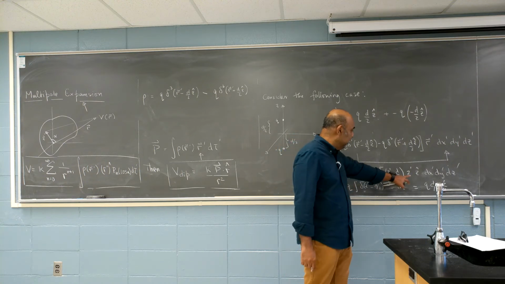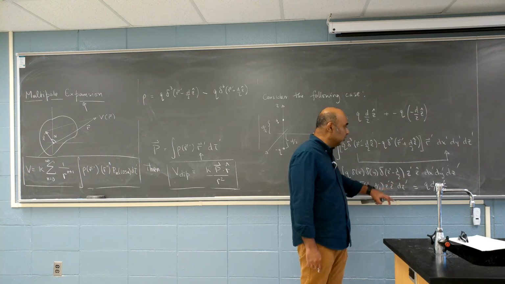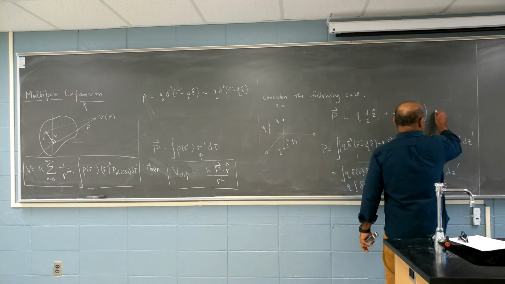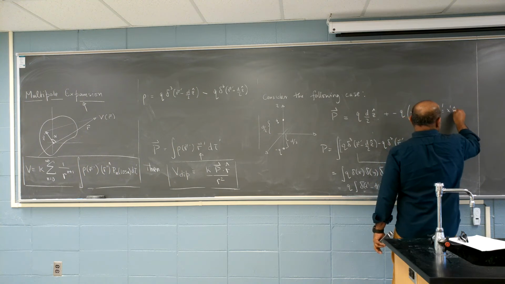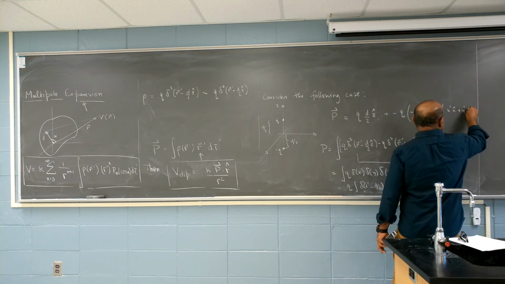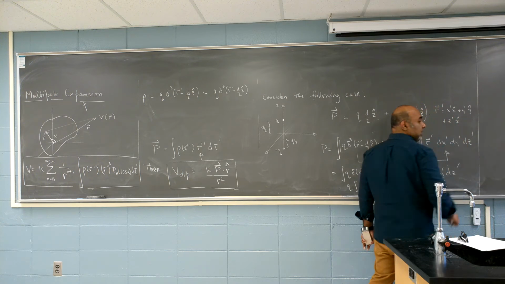So only the z integral would survive, using the delta function. So yeah, remember r prime is x prime x hat plus y prime y hat plus z prime z hat.